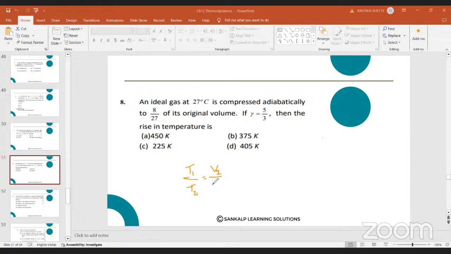T1 by T2 is equal to V2 by V1 to the power of gamma minus 1.